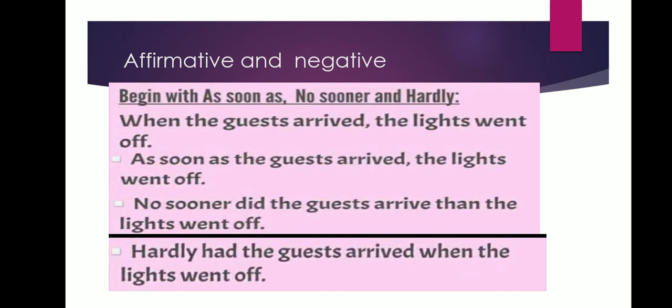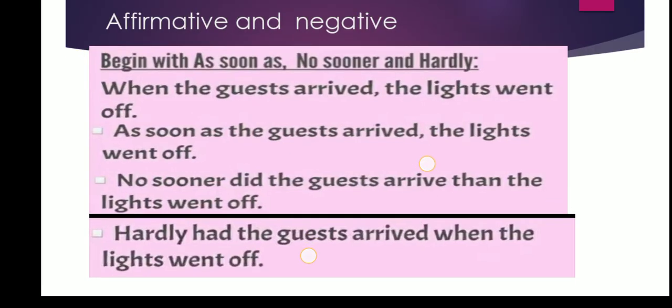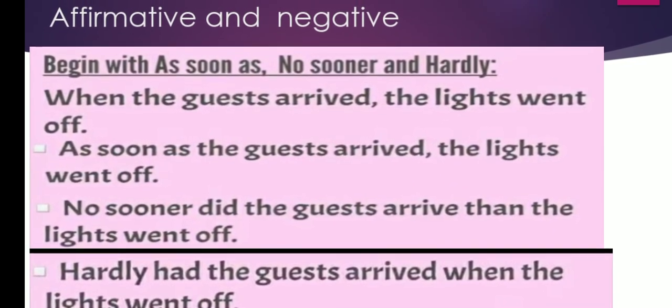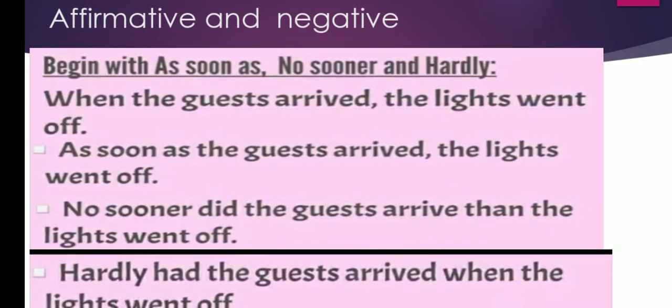Now the meaning did not change, only as soon as turned into no sooner. With no sooner you have to use did or had. I told you in the last exercise one also, with no sooner if you are using did, then the verb should be in the present. Did the guest arrive, so this arrived will change into arrive, then the lights went off.